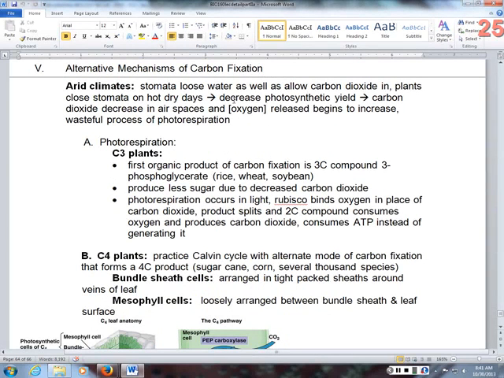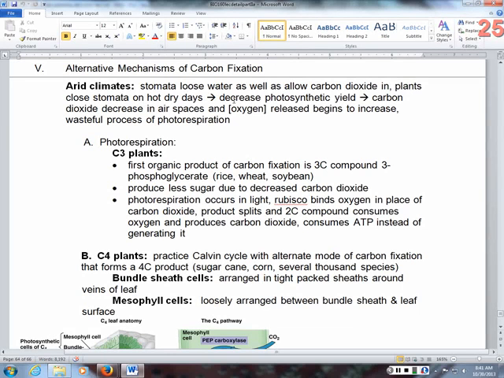So when the carbon dioxide decreases in the air spaces and you begin to have more oxygen buildup, it's going to start a wasteful process of photorespiration. In your C3 plants, the first organic product of carbon fixation is the 3 carbon compound, 3-phosphoglycerate.